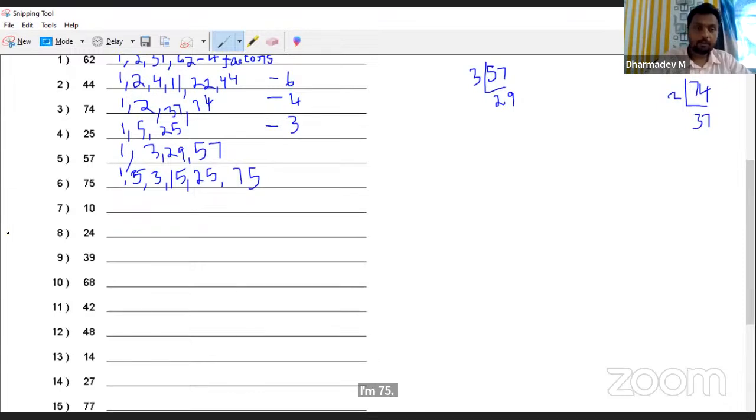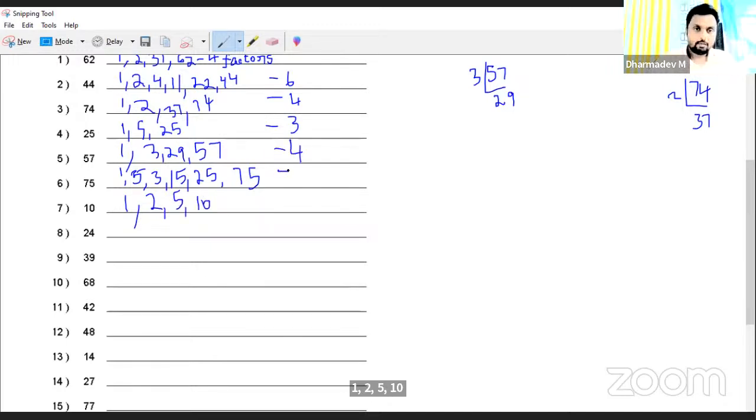Then 10: 1, 2, 5, 10. So 4 factors. Then 1, 2, 3, 4, 5, 6: 6 factors.